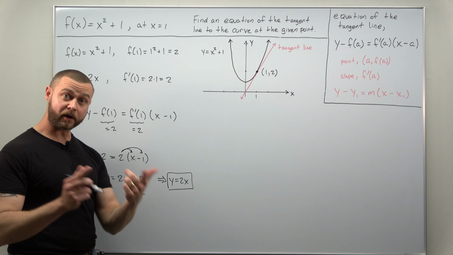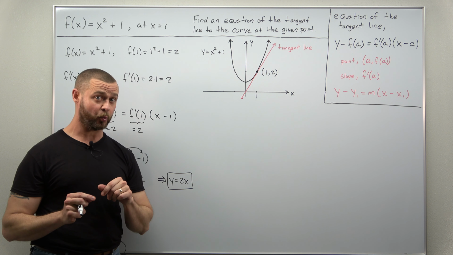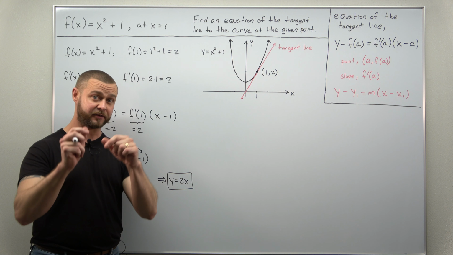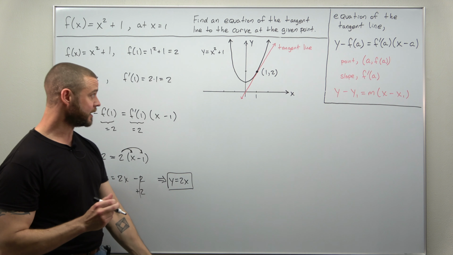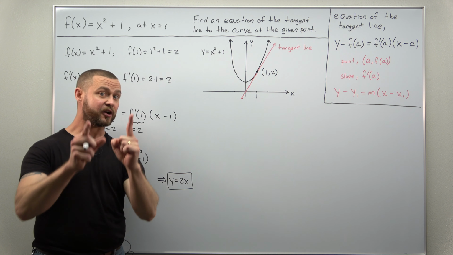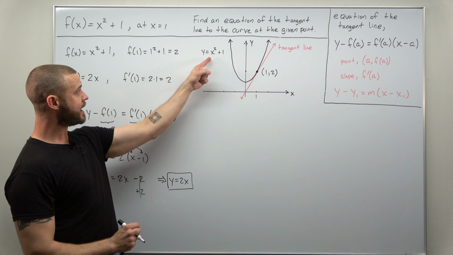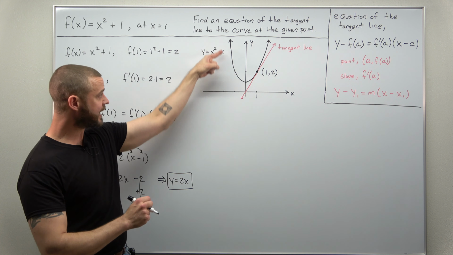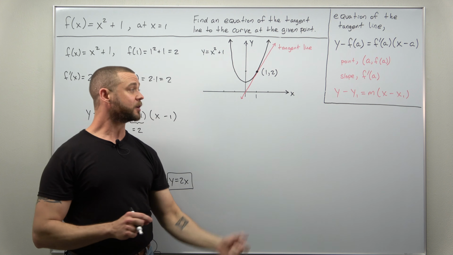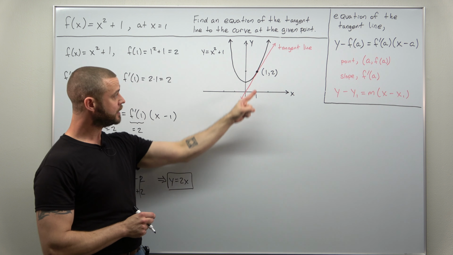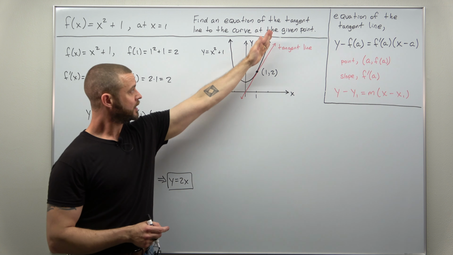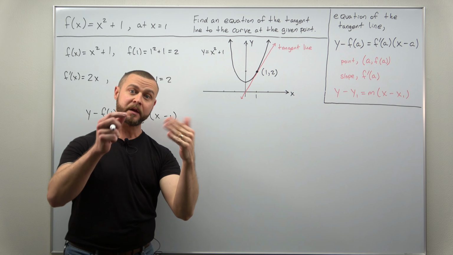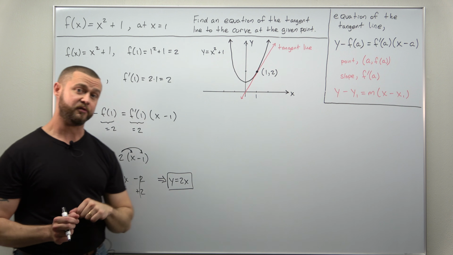This is a really simple but good example to go through in the beginning of your Calculus 1 course once you have access to differentiation rules, because it's going to allow you to connect what you're calculating to understanding it graphically. Here we have the graph of our function, y equals x squared plus 1, a basic parabola shifted up 1 unit, and at the point 1, 2, our tangent line looks like that, and it matches our calculations.